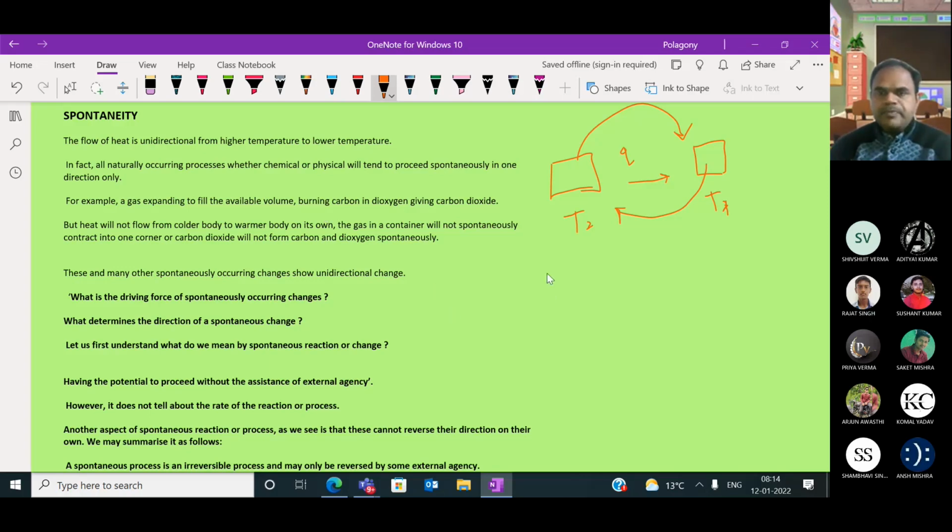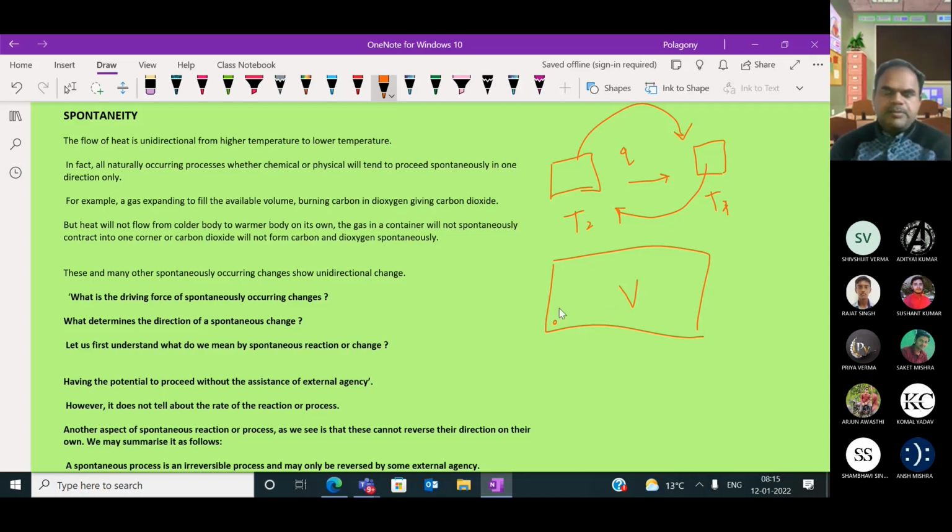And similarly, the diffusion of the gas also. For example, if you take one container and leave one gas, for example carbon dioxide gas, at the corner, the gas will spread throughout the entire room. It occupies the entire volume of this room.